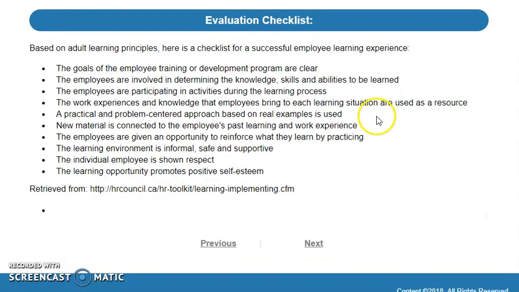I came across this evaluation checklist, and again, this will be used in our assignment as well. I found it interesting. Do I agree with every one of them? No, but I definitely think they make some good points. And the checklist is designed to evaluate whether or not an employee learning experience was successful. It can be used in education as well, and it's just a list of criteria that you can use to evaluate it.